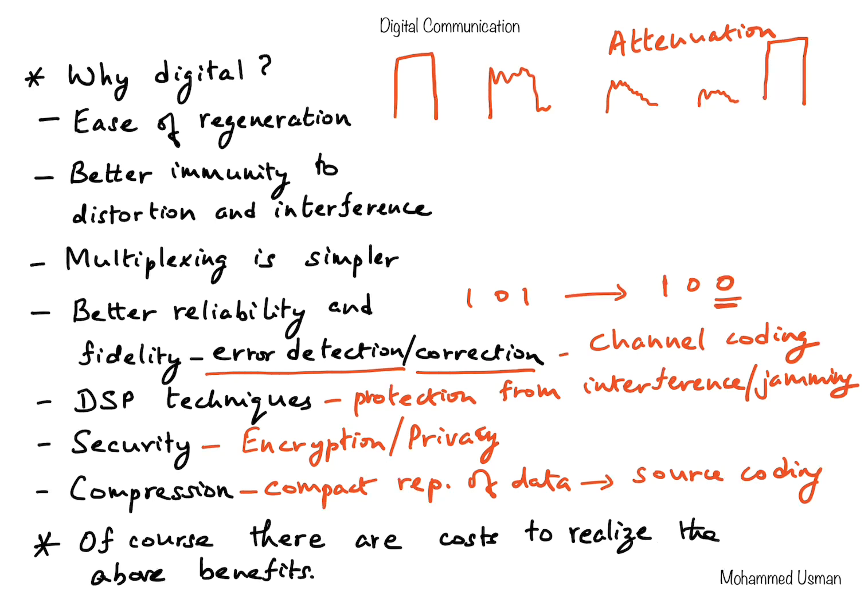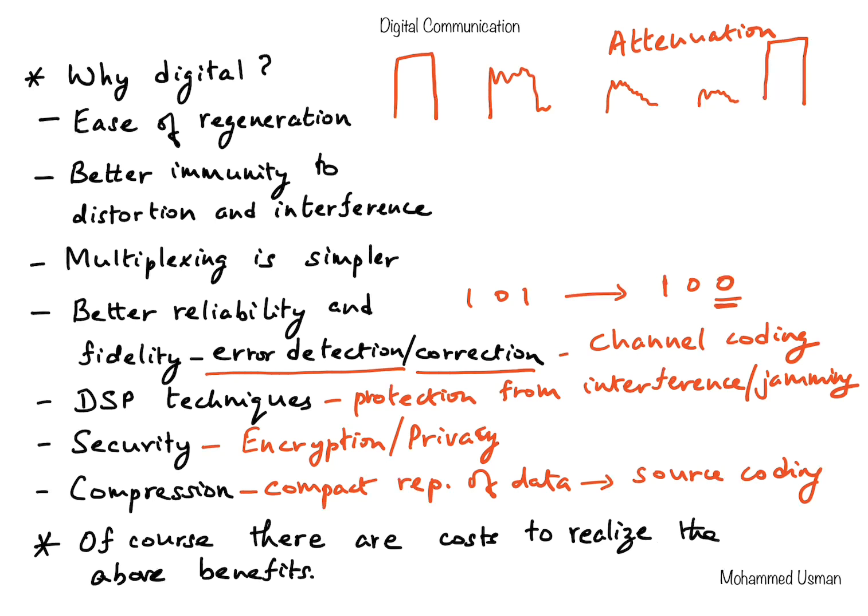For example, you have an image file, which could be a bitmap image. A bitmap would have a huge file size, but the moment you convert that to a JPEG image or a TIFF image, the size of the file becomes much smaller, right?